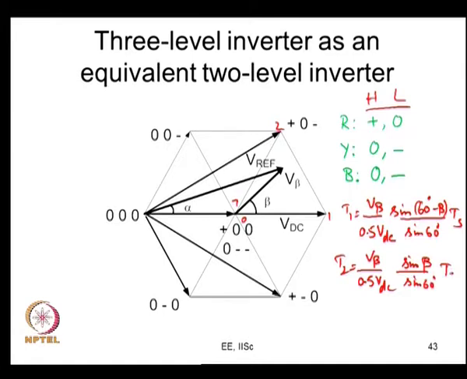So, this formula would be the same. So, your definitions are always like this. So, you would call this as 1 and you would call this 2 in this sector for example. So, you can actually calculate it like this. So, the calculations become much simpler now.